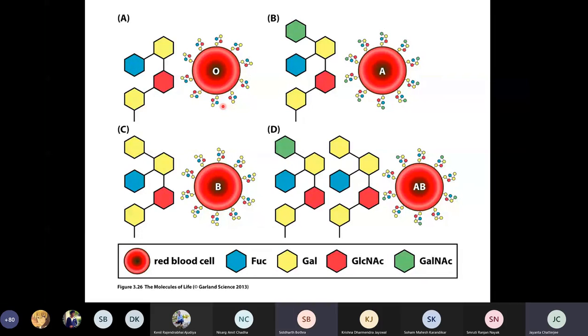Until and unless I am exposed to A blood group, my body will not raise antibodies against A. So O blood group itself does not have anything which is against A.